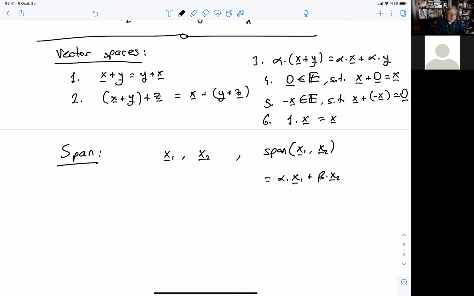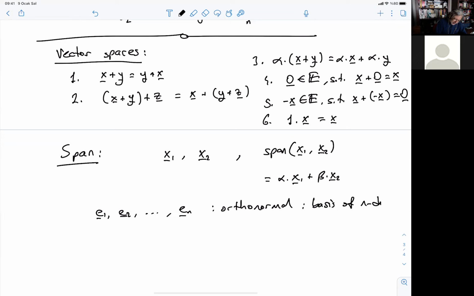How many different vectors can we obtain, etc. And in the vector space, if you can find the minimum set of orthogonal and unit norm, which means orthonormal, vectors like E1, E2, up to En, if they are orthonormal, which means they have unit norm and they are orthogonal to each other, then these are a basis of n dimensions. Okay.